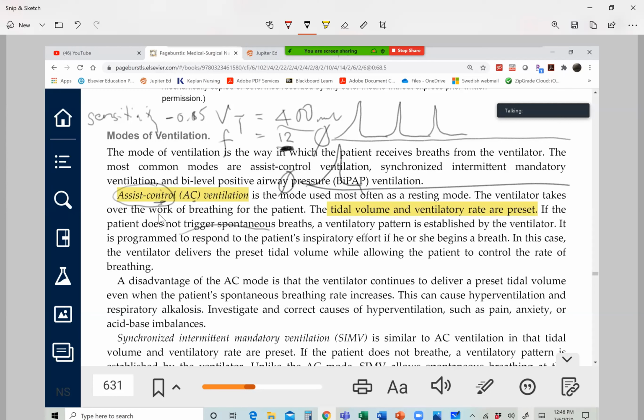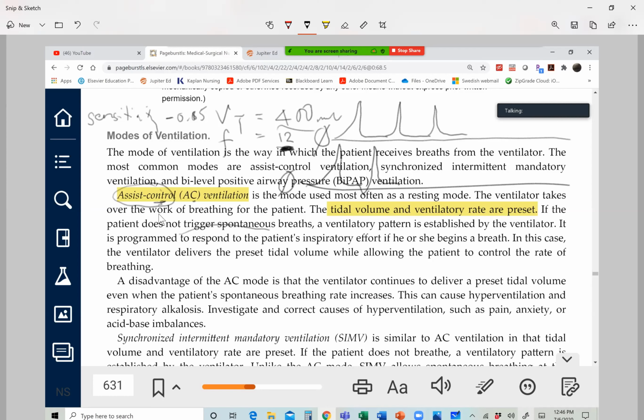The vent will go ahead and give the patient the preset tidal volume. The patient will receive 400 ml. Although the patient can control the frequency of the breath, meaning the patient can add to the 12 if they choose to, the patient has no control over the volume.